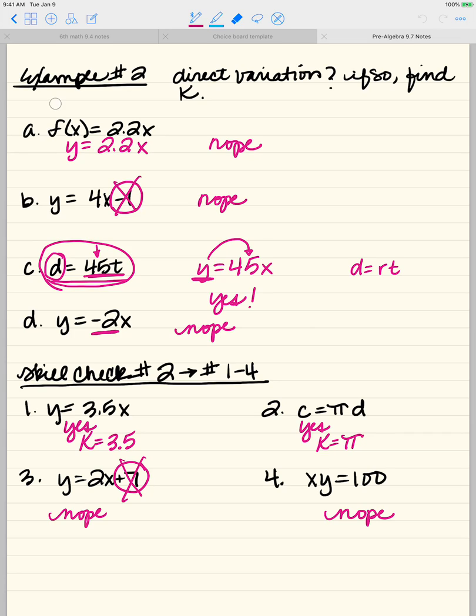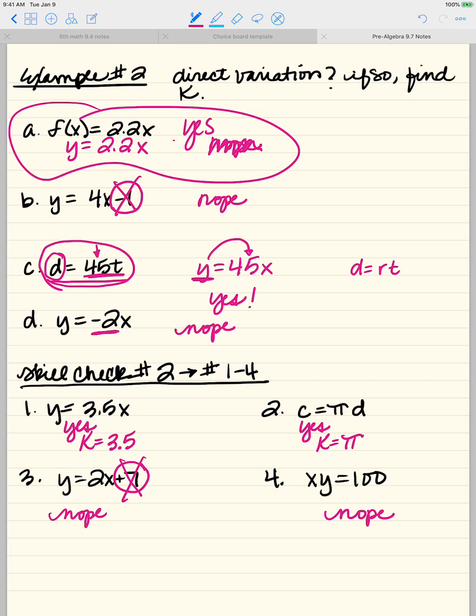I don't know. You guys, this one, why did I say that this is not a direct variation? K absolutely can be a decimal or a fraction. I don't know why I said that. Please forgive me. Yes, this absolutely is a direct variation. Okay, I'm so sorry to have been confusing. K can be a decimal.